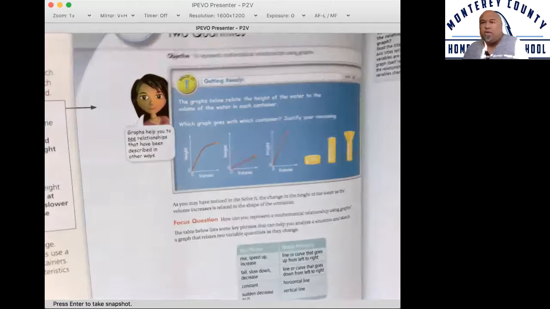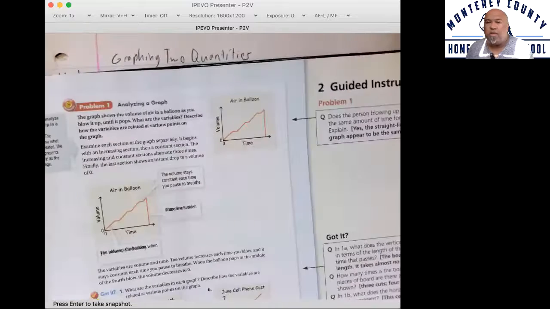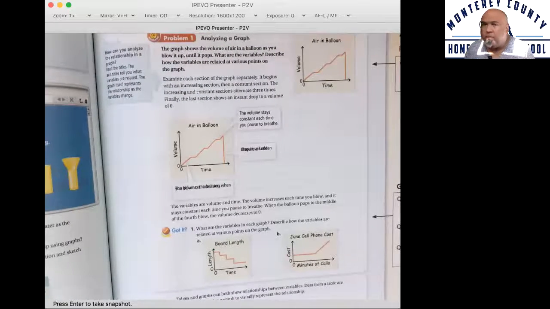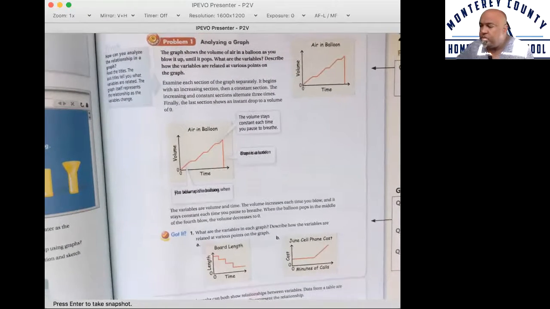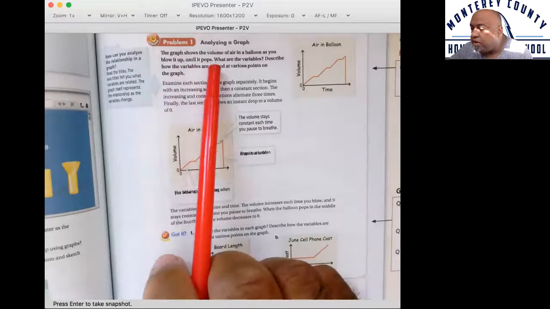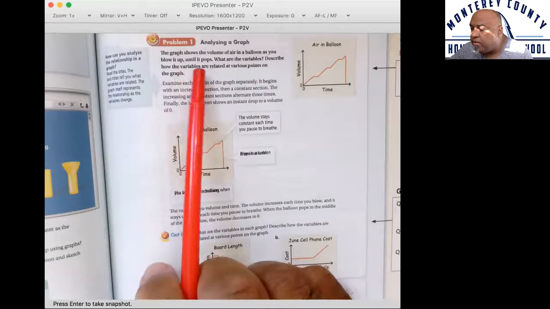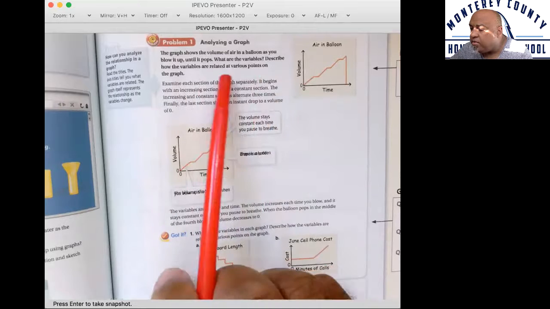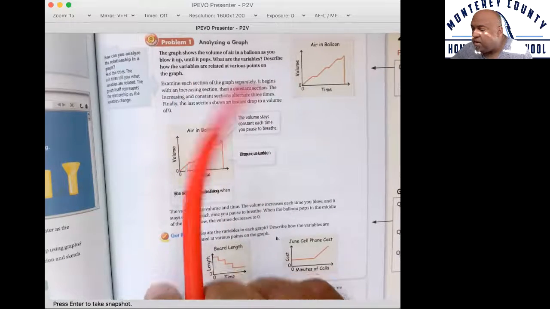Okay, let's look at a couple more sample graphs and then we'll finish this lesson. Problem 1 on page 249 says the graph shows the volume of air in a balloon as you blow it up until it pops. What are the variables? Describe how the variables relate at the various points.